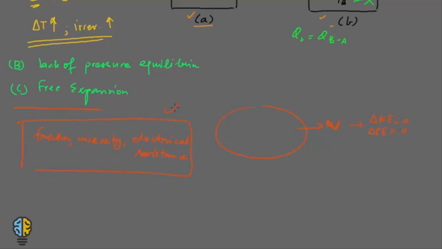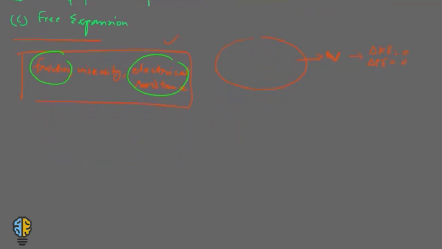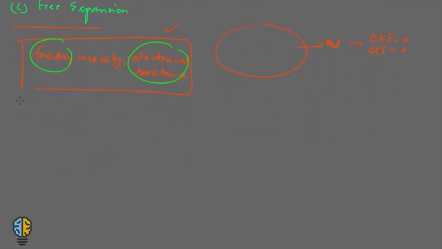Now let's understand how friction and electrical resistance create irreversibility in a process. Let's start by understanding the irreversibility due to friction. This would be the first case. For this, let's draw a diagram. Let's draw a hypothetical flywheel like this, and let's put a brake block like this.